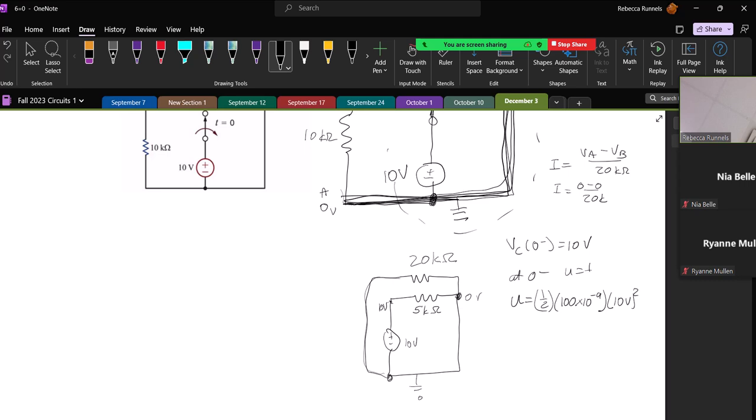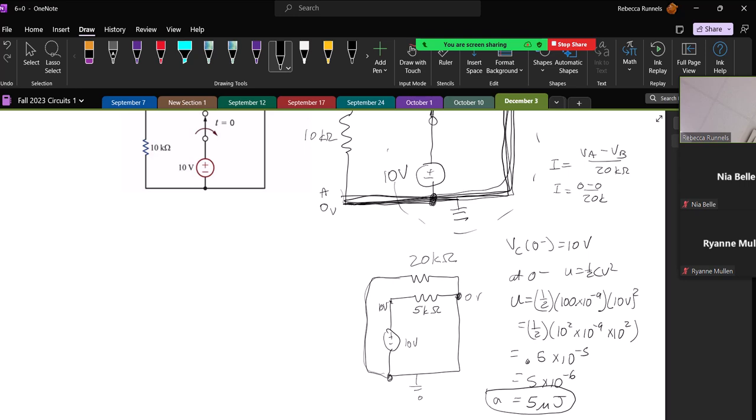That's U equals 1/2 CV squared, or 1/2 times 10 to the second times 10 to the negative 9 times 10 to the second, which is 0.5 times 10 to the negative 5, which is 5 times 10 to the negative 6, which is 5 microjoules. So that is the answer to part A, finding the energy at time t equals 0 minus.